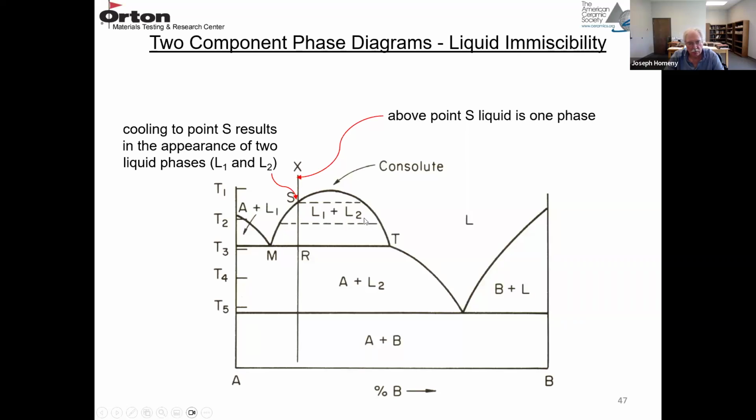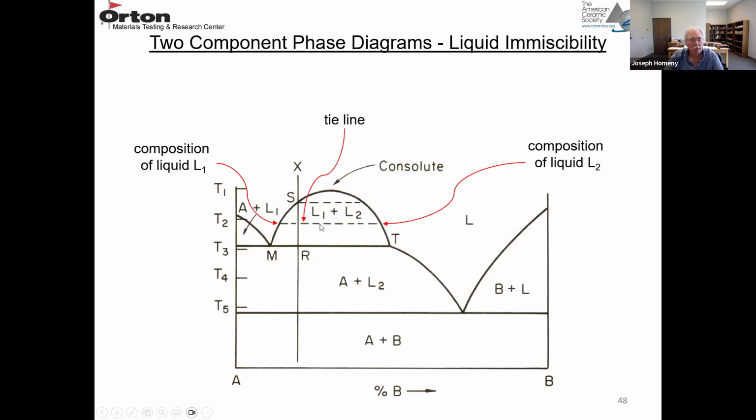So in this dome, we have two liquid compositions that each don't dissolve in the other one. So here's a tie line. This horizontal dotted line is a tie line. The left side that intersects the liquidus curve is the composition of L1, and the right side of the tie line that intersects the liquidus curve is the composition of L2.